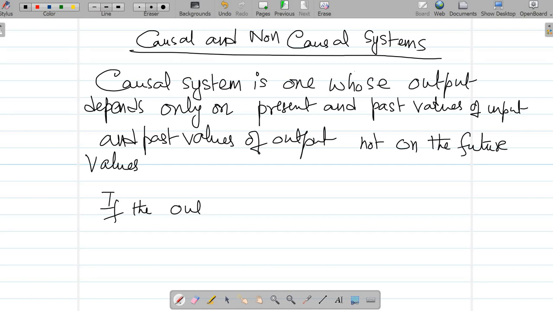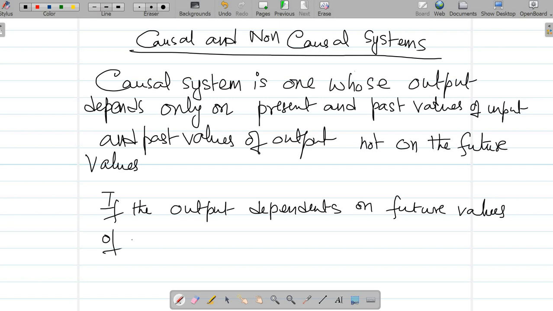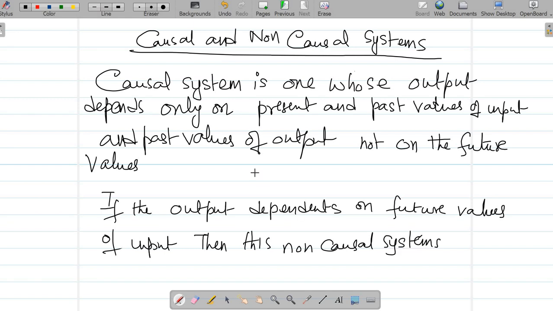If the output depends on future values of input, then such a system is a non-causal system. Okay, so this is the definition.